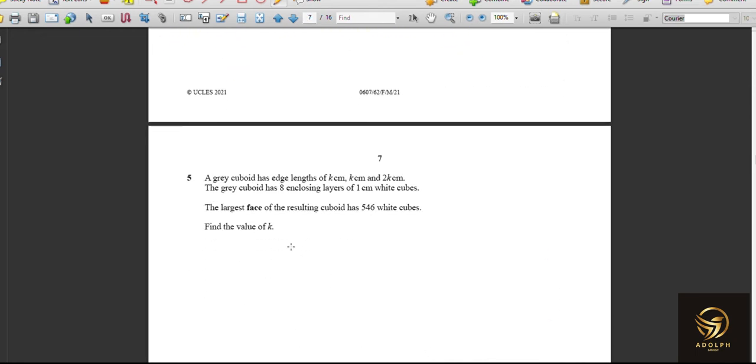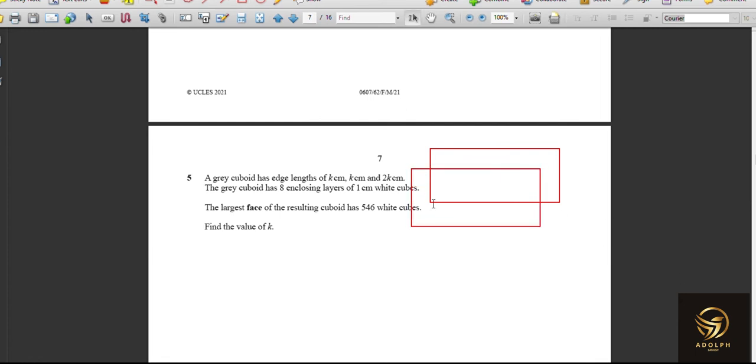And the next thing, a gray cuboid has edge lengths k centimeter, k centimeter and 2k centimeter. So it's a kind of gray cuboid like this. You just consider this. And now the gray cuboid has 8 enclosing layers of 1 centimeter white cubes. So it has 8 layers, each has 1 centimeter white cubes.